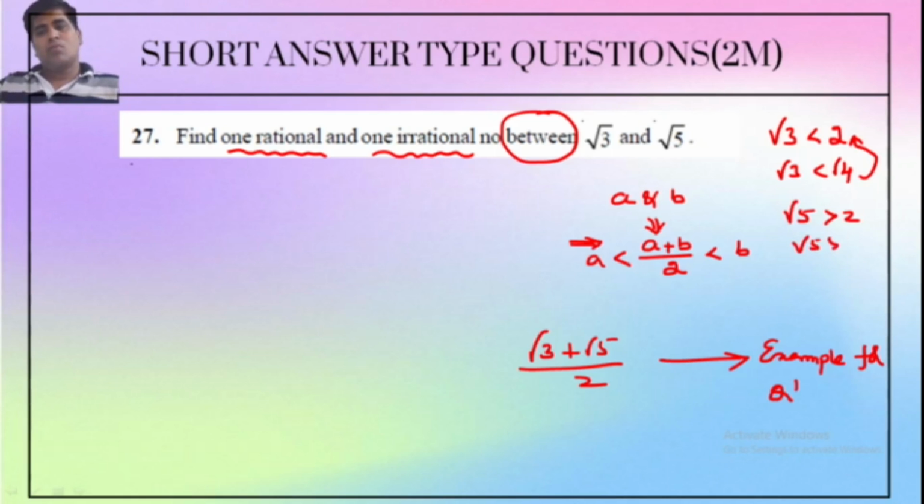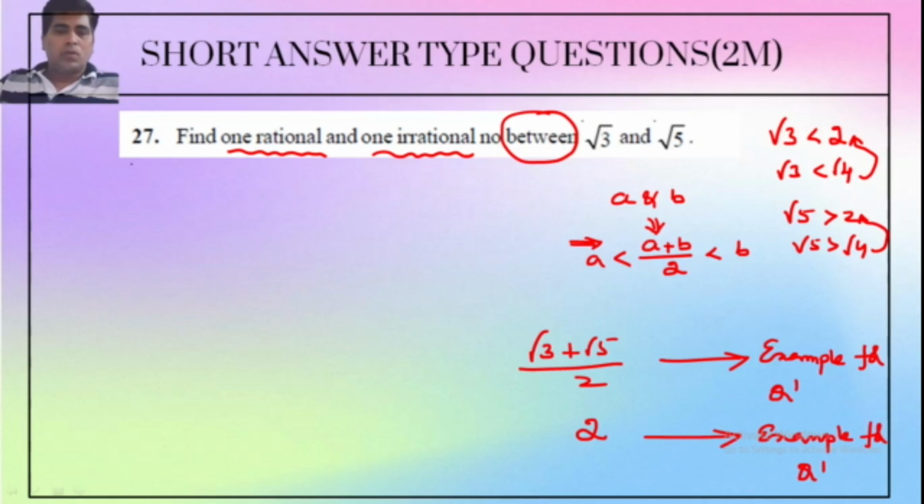Root 5 is more than root 4, which is 2. So here clearly we can write one rational number: 2. So 2 is an example for a rational number. So you will get 1 plus 1, 2 marks for this question.